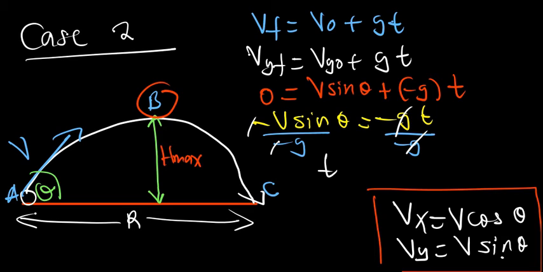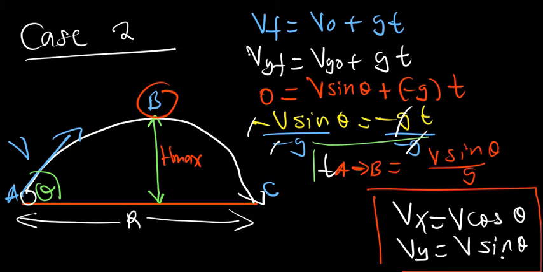Okay? The T from A to B will be equal to V sine theta divided by G. This formula is very important, guys. You have to know it. So if they ask you to find the time it takes to reach the maximum height under this trajectory, you use this formula.